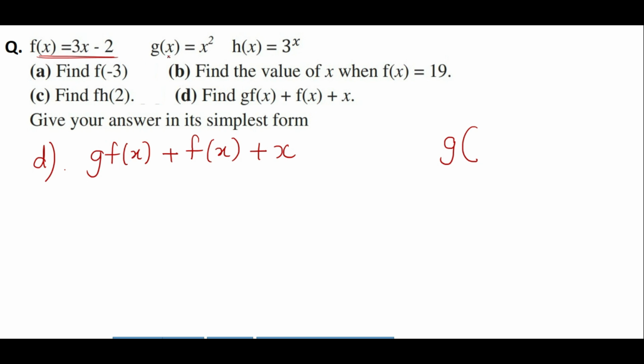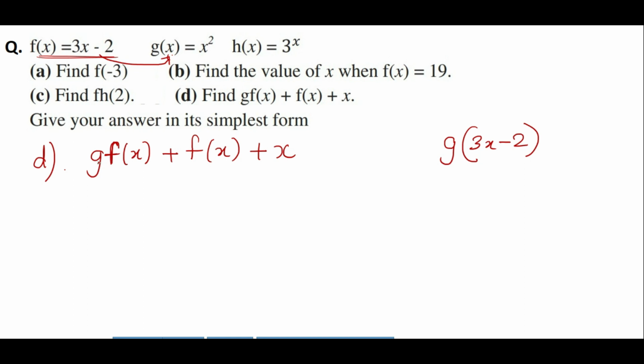So in place of x in g of x, you're going to write 3x minus 2. So you're going to find g of 3x minus 2. Why are we writing 3x minus 2 here? Because we want g f of x.